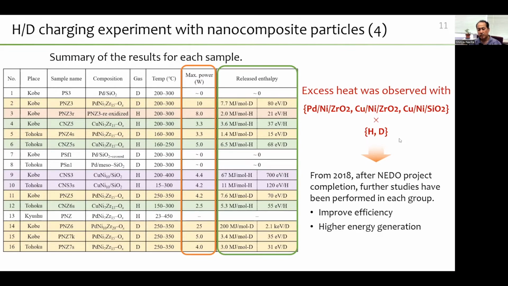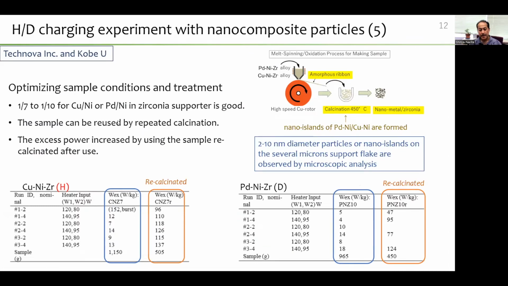And from 2018, that is after the NEEDLE project completion, further studies have been performed in each group to improve the efficiency and to achieve the higher energy generation. And the Kobe University and Teknova Group has further developed the experiment.